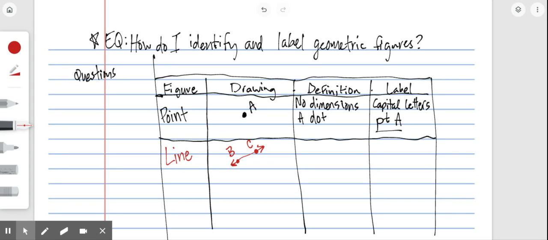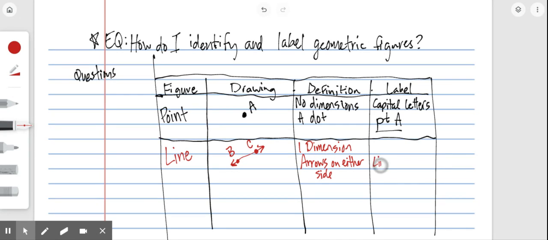The definition of a line: it has one dimension, and it is usually labeled with arrows on either side. Okay. And then last but not least, how do we label a line? So in order to label a line, you'd write it with the points.